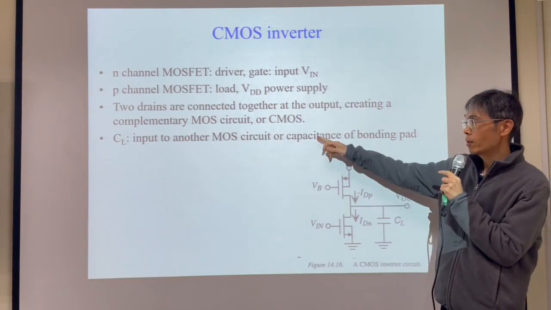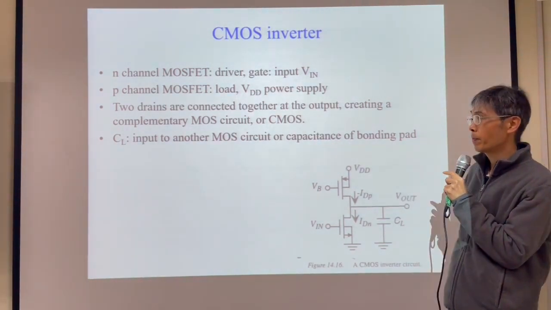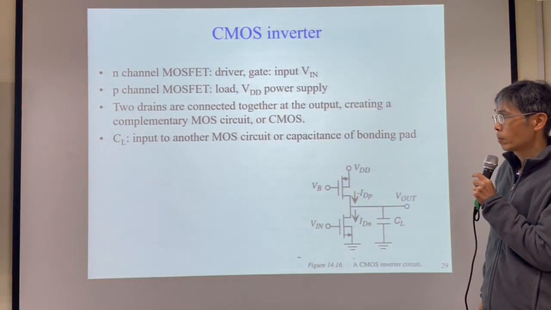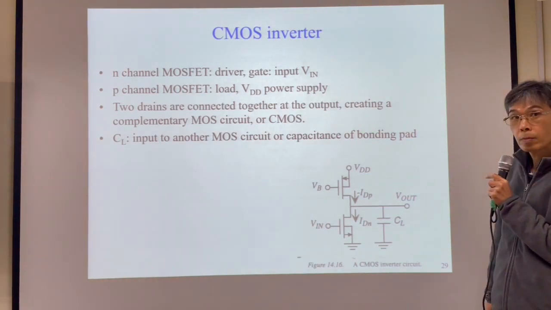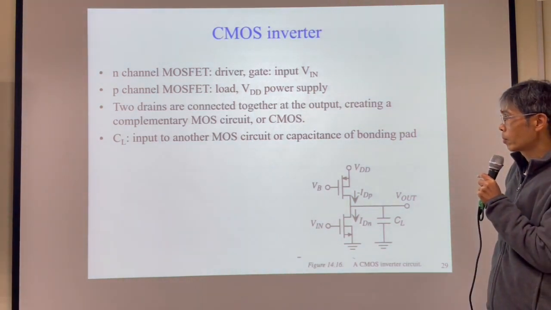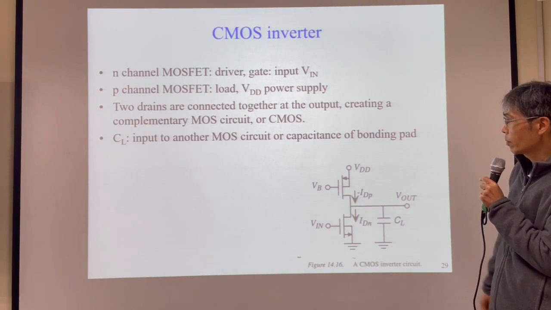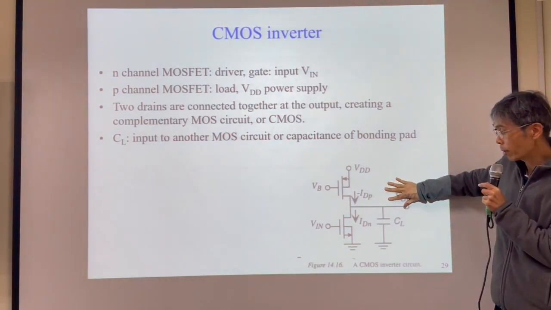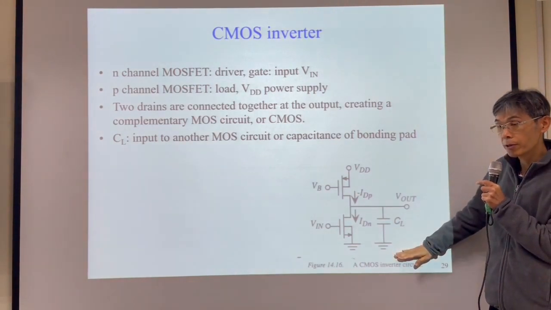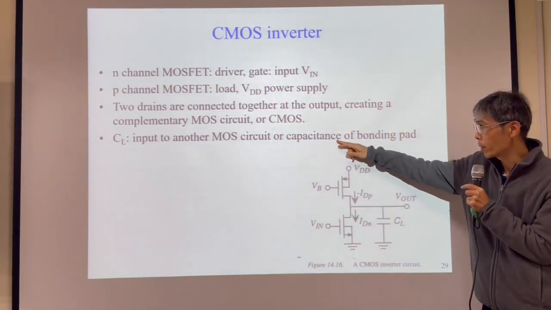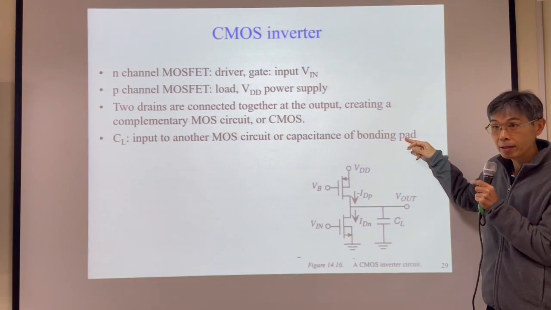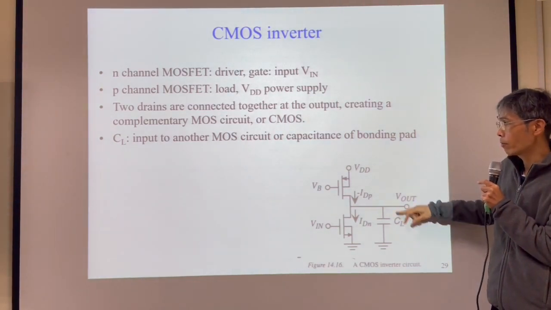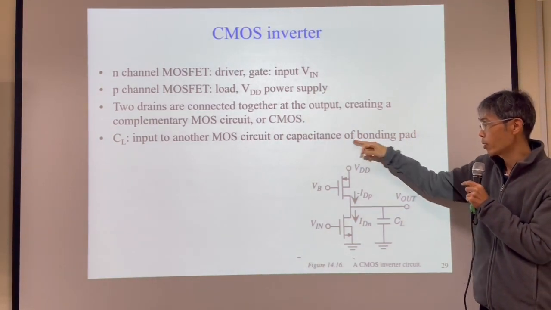Stephen, could you read this one? Okay. If we have a bonding pad here, between the bonding pad and the ground substrate, we have a capacitance of the bonding pad. So CL could be used to model the bonding pad capacitance.